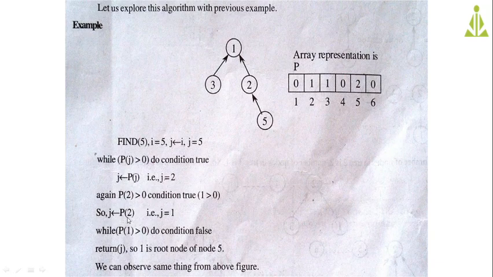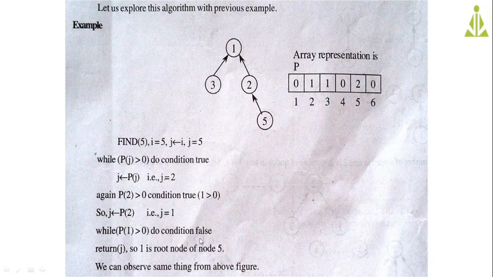So j is p of 2, whatever value is present in the second element, which is 1. Now, while p of 1 greater than 0: the value present in the first element is 0, and 0 is not greater than 0, so the condition is false.